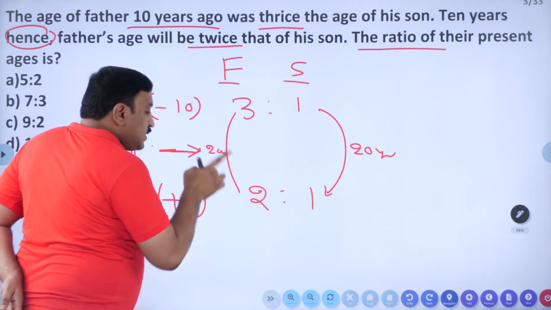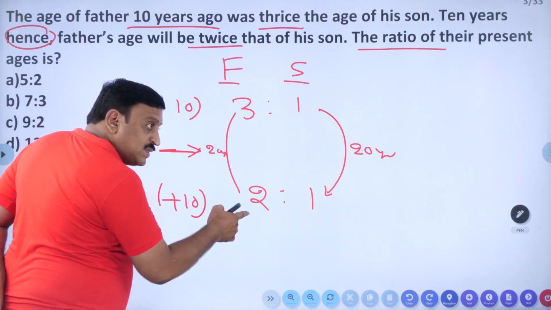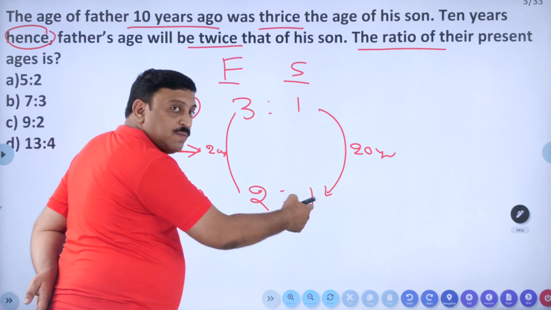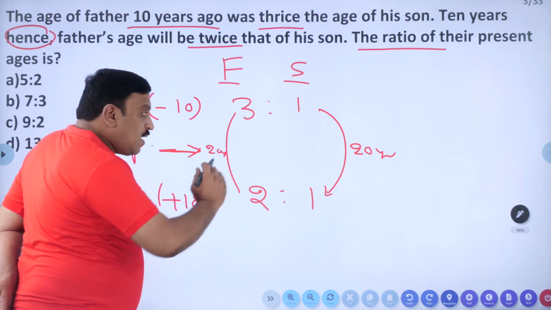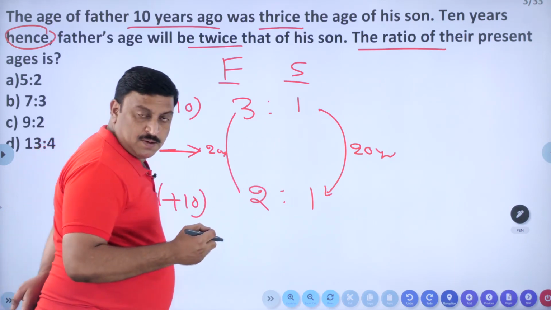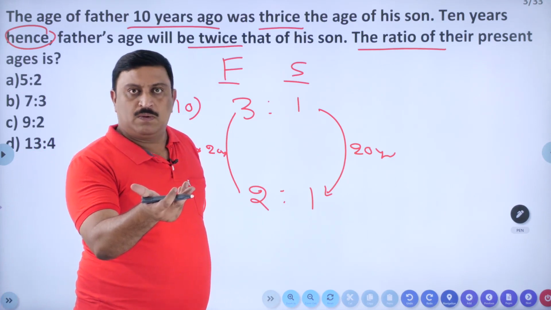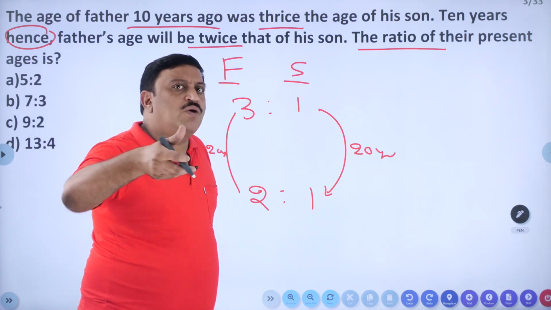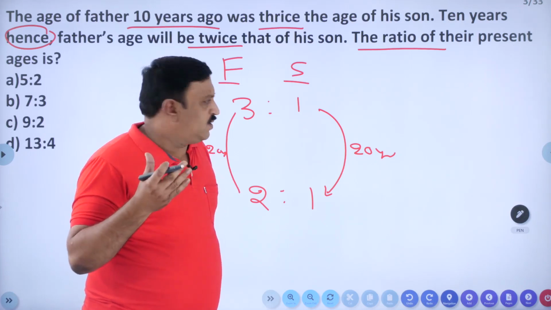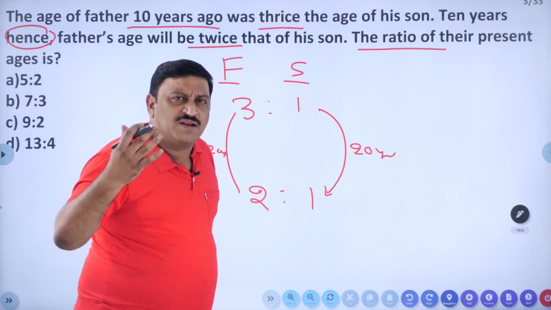Or else from here you can find out the ages after 10 years for both of them, then remove 10 from both of them. Then you will get the present ages, then you will find out the ratio. Understood? First of all, I will try with this one. Later on, I will go with the shortcut. I think you understood the shortcut directly.